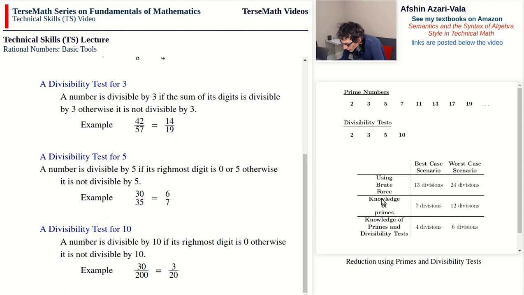And so if I know about primes and divisibility tests, let's see how many divisions I have to do now before I get to 13. For 2 I don't do any divisions. For 3 I don't do any divisions. For 5 I don't do any divisions. I do 7 for the top and it doesn't work, that's 1. I try 11 for the top and it doesn't work, that's 2 divisions. And then I try 13 and I get 2 divisions for that one, so a total of 4.